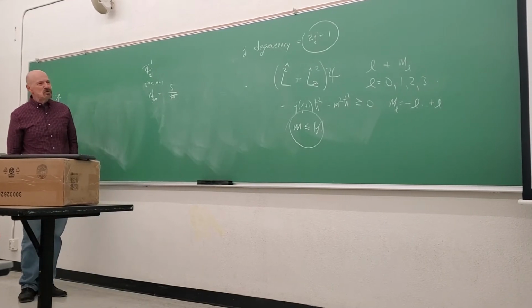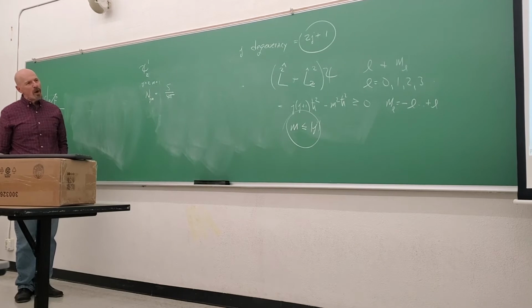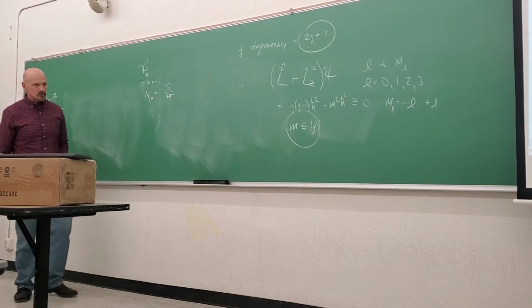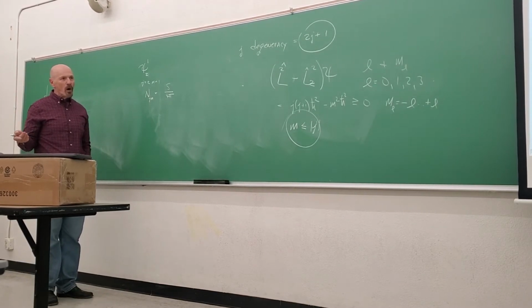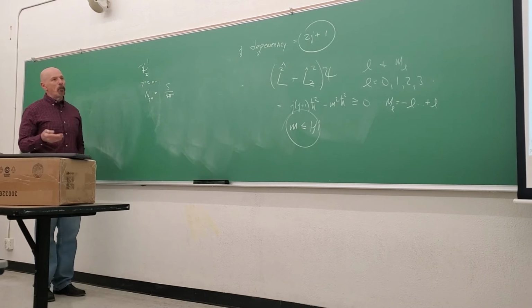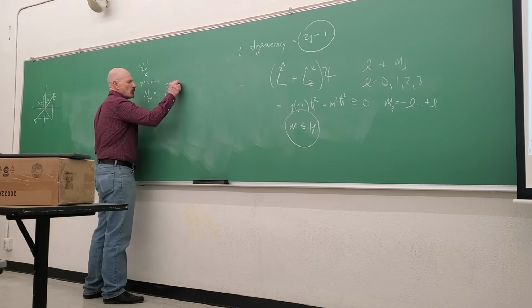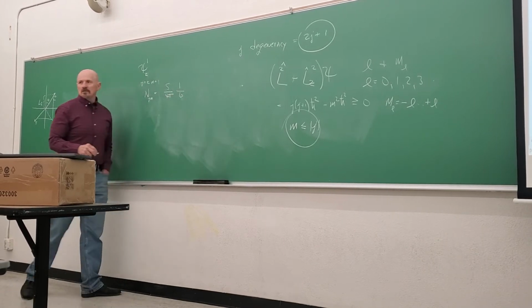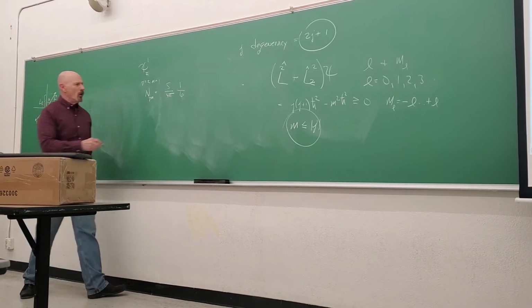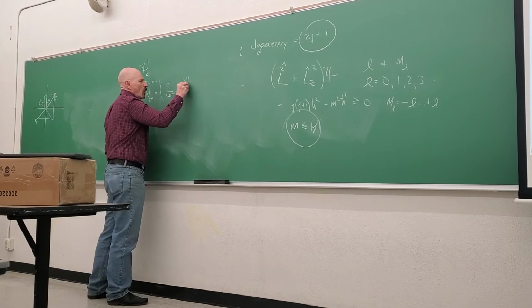Then I have 2 minus 1 factorial, which is 1 factorial, over 2 plus 1 factorial, which is 1, 2 times 3, so that becomes 1/6. And all of this to the 1/2 power.